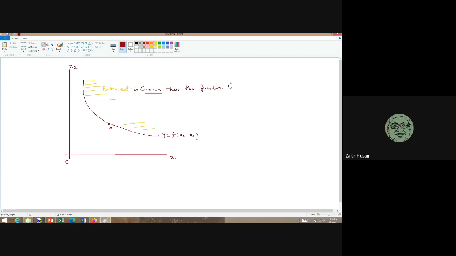Then the function y, which is a function of x1 and x2, is said to be quasi-concave.